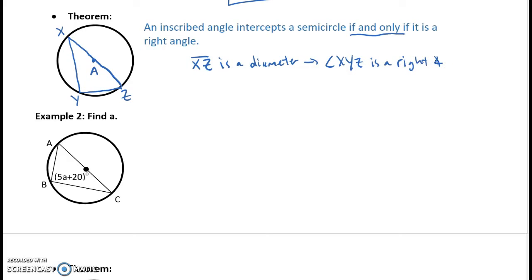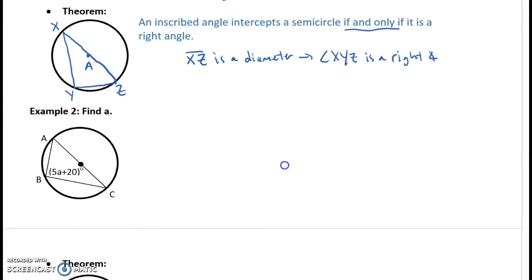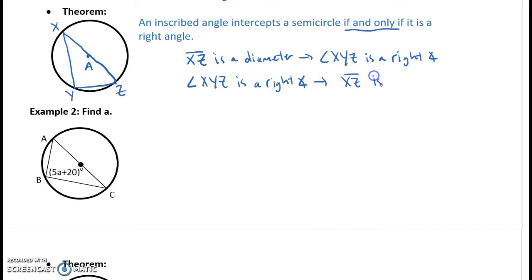But remember, since it's a biconditional, it goes both ways. So we could also be told that, hey, if angle xyz is a right angle, then xz is a diameter, right? Because that's what makes a semicircle. So that one's a pretty clear one. Just make sure you check for that dot in the center. We need to make sure that's a diameter.